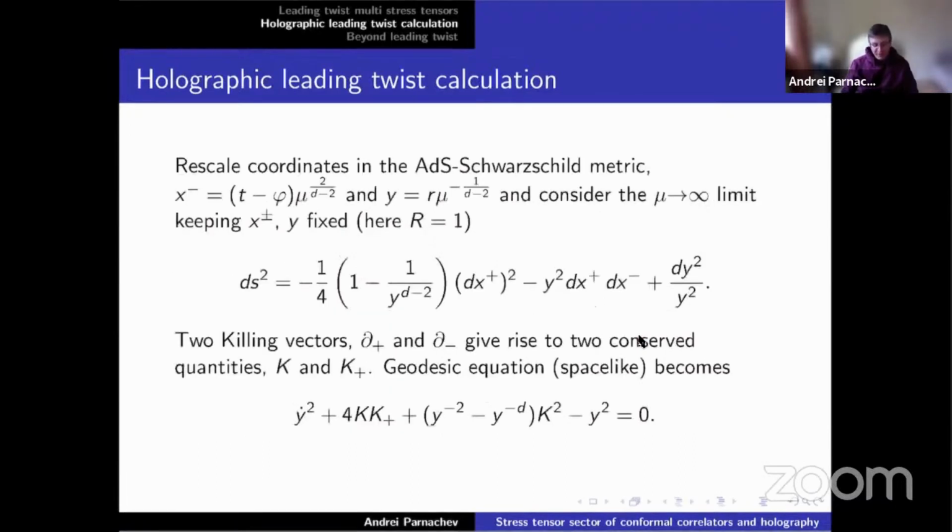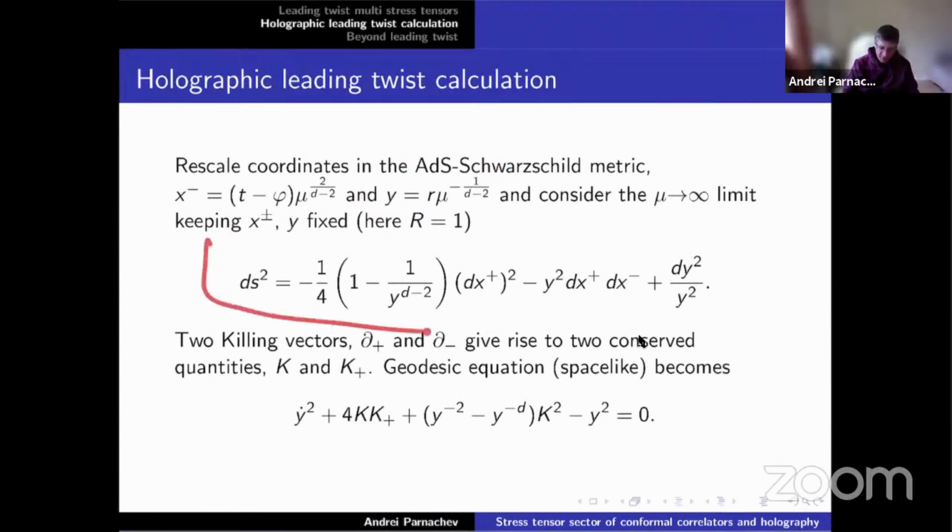However, since you want to compute the contribution of the leading twist correlators, you need to do some rescaling. So it's not quite the Schwarzschild background. In the Schwarzschild background, this calculation is complicated, but you can do a rescaling of the coordinates by keeping this coordinate fixed and this coordinate fixed, and considering the mu goes to infinity limit, which is what you're supposed to do when you take the double scaling limit.